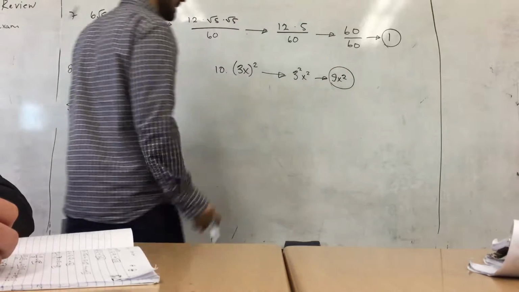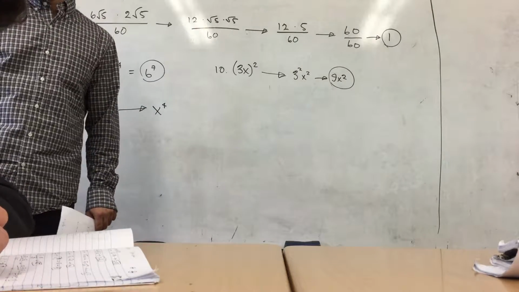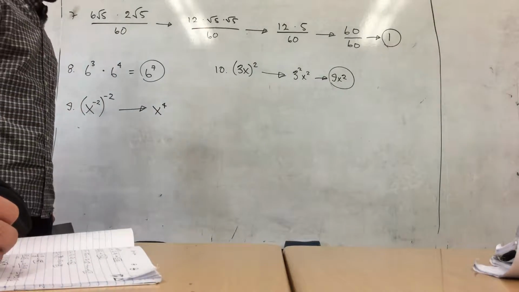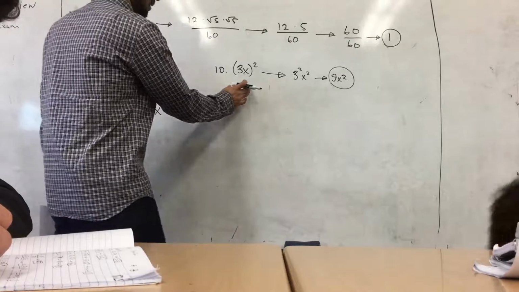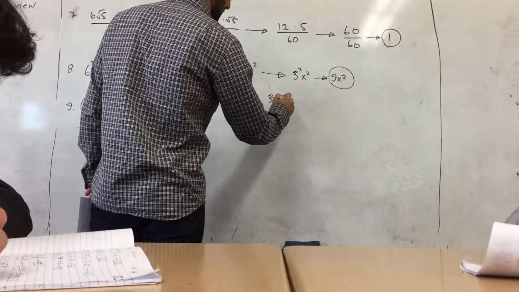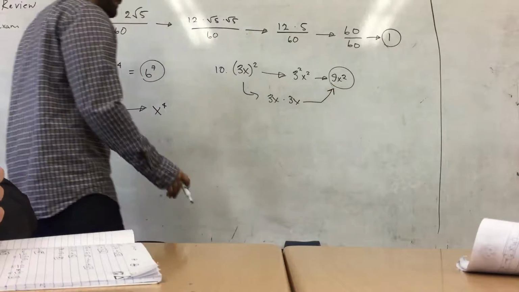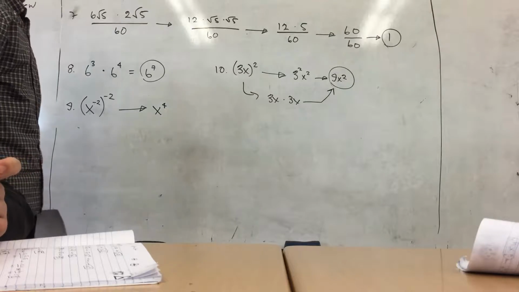Does anybody have an eraser I can use? Here you go, JJ. Remember, the other way we used to do these was like this, and it'll get you to the same answer.